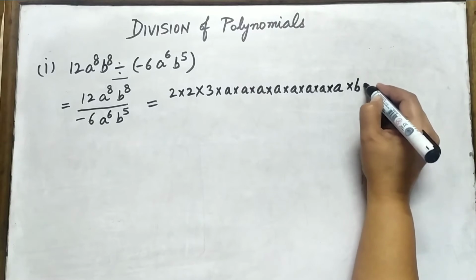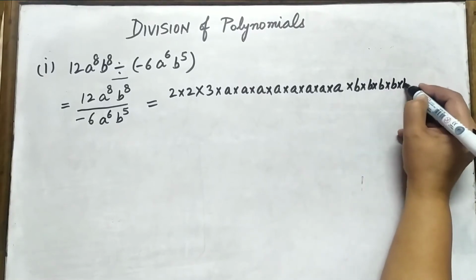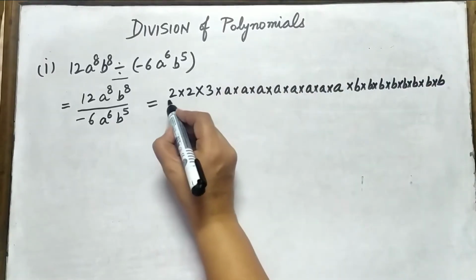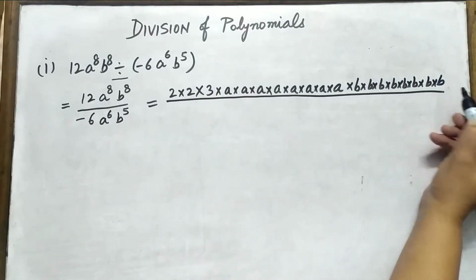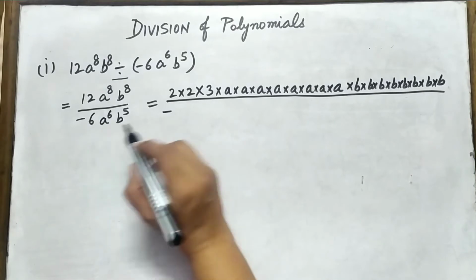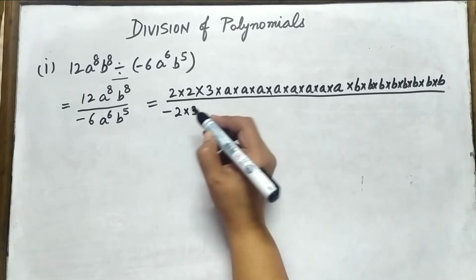Similarly b 8 times: 1, 2, 3, 4, 5, 6, 7 and 8, upon the negative sign is there. 6 has factors 2 into 3, 6.